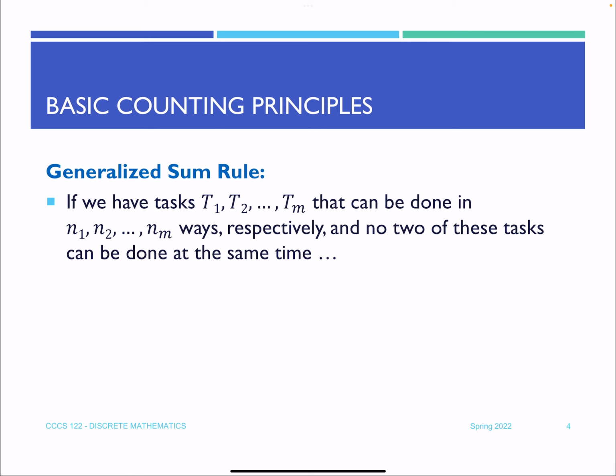And that gets us to the generalized sum rule, in which we have not just two tasks, but m tasks. Let's say there are n1, n2, n3, up to nm different ways of accomplishing each of these m different tasks, and there's no way to do two or more tasks at the same time.